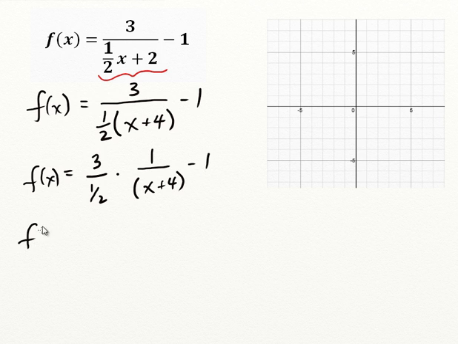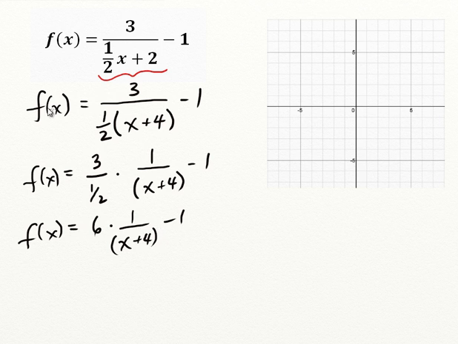I know that 3 divided by 1/2 is equal to 6. So I've got 6 times 1 over x plus 4 minus 1. And now I'm ready to sketch this because all of the different transformations are easily identifiable here.